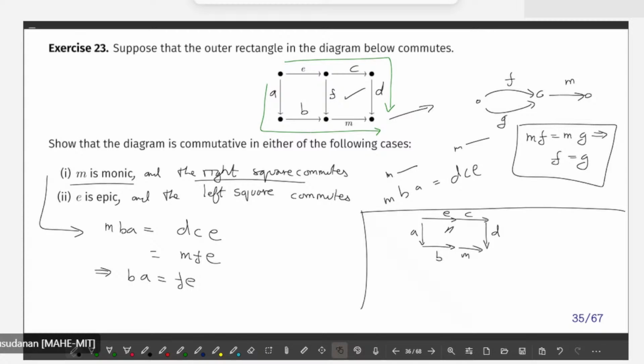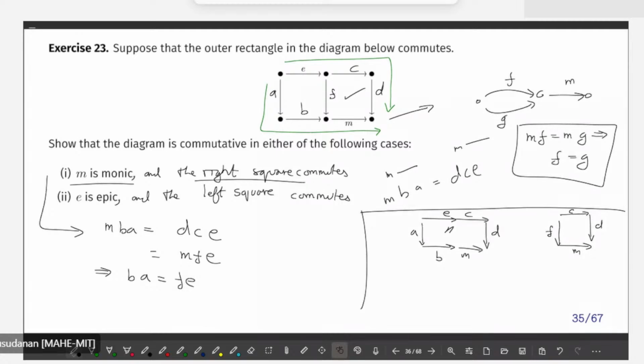Also, it is given that M is monic and right square commutes. Right square commutes means whenever I get this particular square, I can change any path to the other path. So DC and MF can be interchanged whenever I want. If I have DC or MF, I can change for the other.